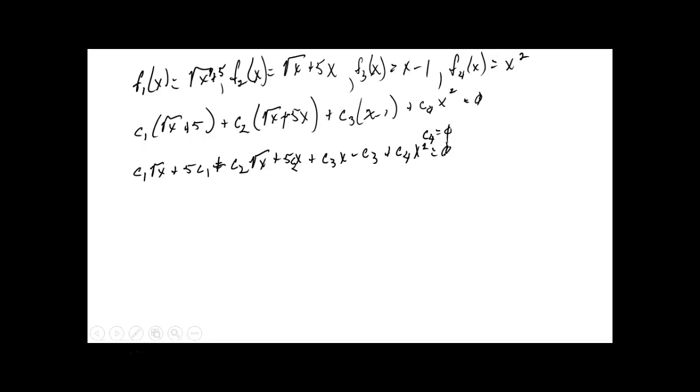Okay. Now, what I'm going to do now is combine like terms. Is that okay? That'll be C1 square root of x plus C2 square root of x. That's got to equal 0. And here we have 5C1 minus C3. That's got to equal 0, right?